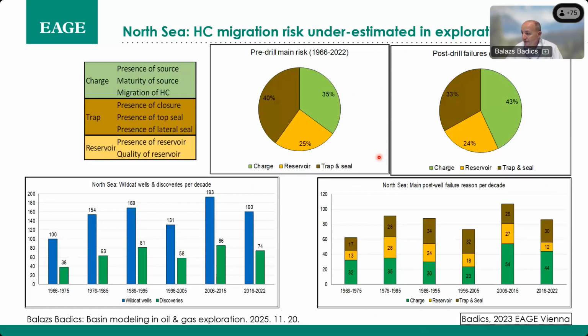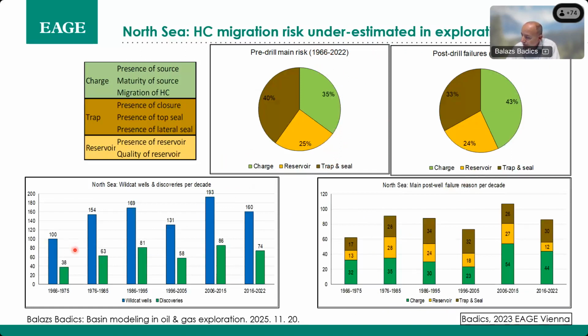When we move to the North Sea and look at the migration issues and what companies thought and what is the result, I published once in 23 at the EAGE in Vienna and also in 24 EAGE in Oslo, the statistics of what the companies thought the main pre-drill risk was in the North Sea.